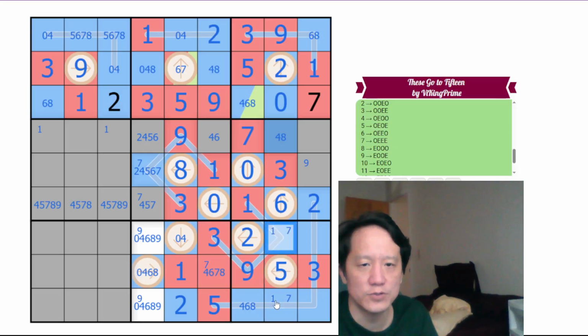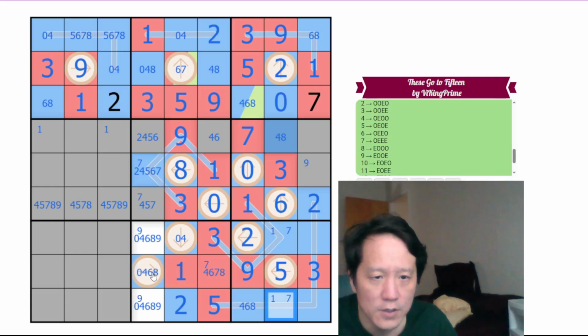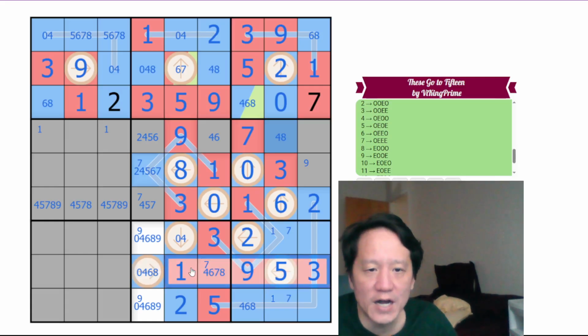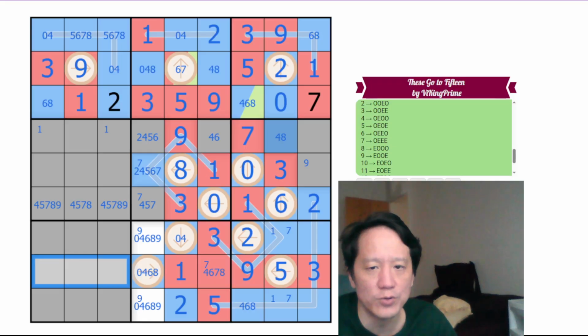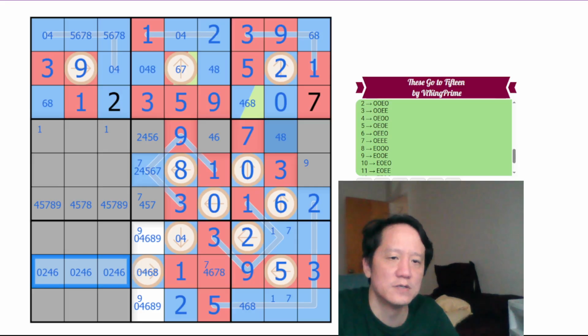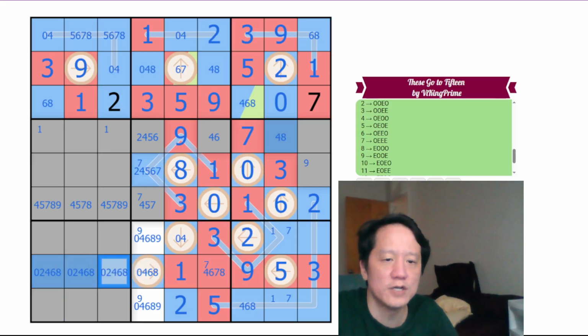So one of these two is Schrodinger. We don't know which. We have 5 odds in row 8, which means the rest of this row is even. And it has to be 0, 2, 4, 6, 8. 2 cannot be here because of 2 in the row.